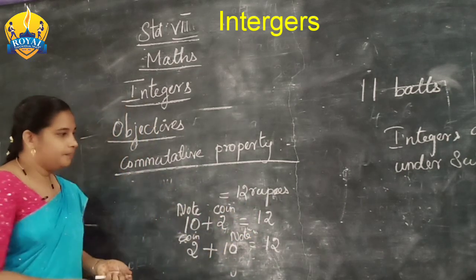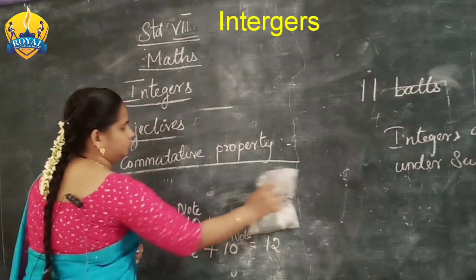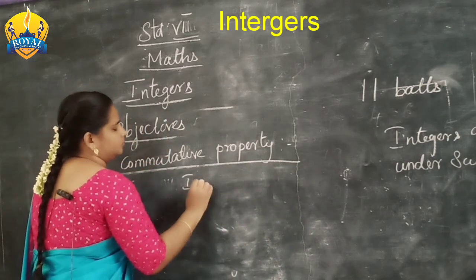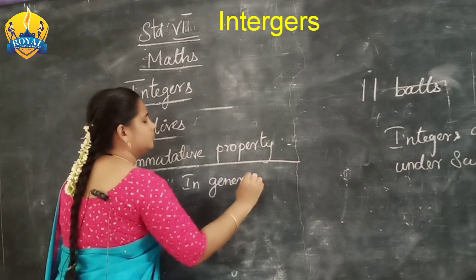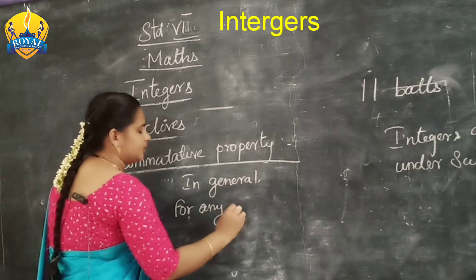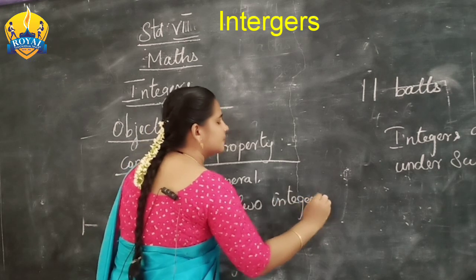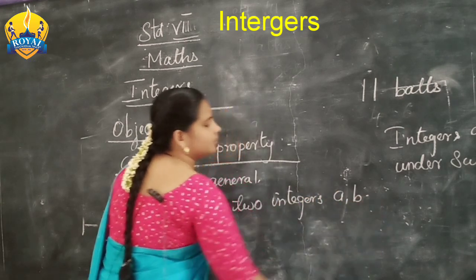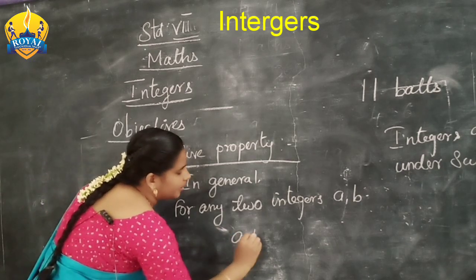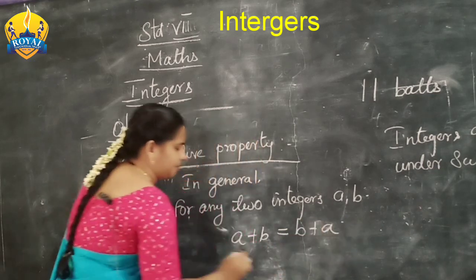In general, for any two integers a, b, we can say by the commutative property, a plus b is equal to b plus a.